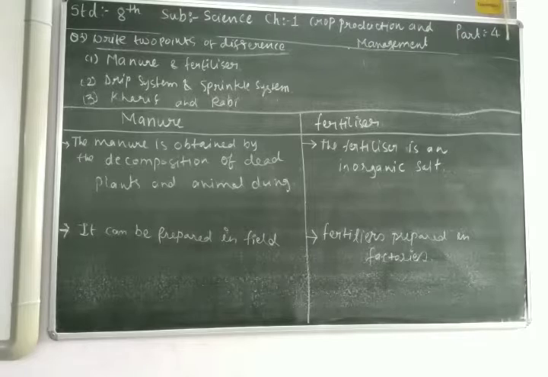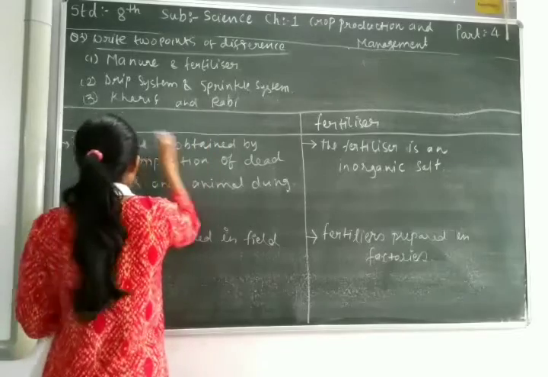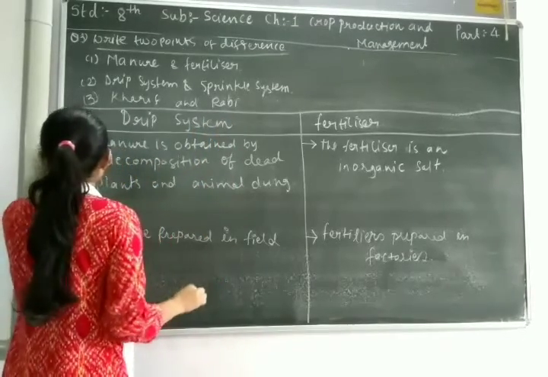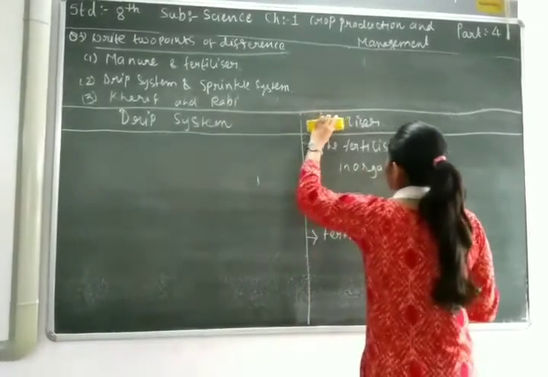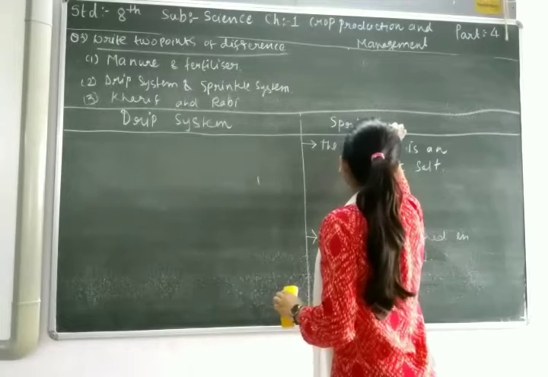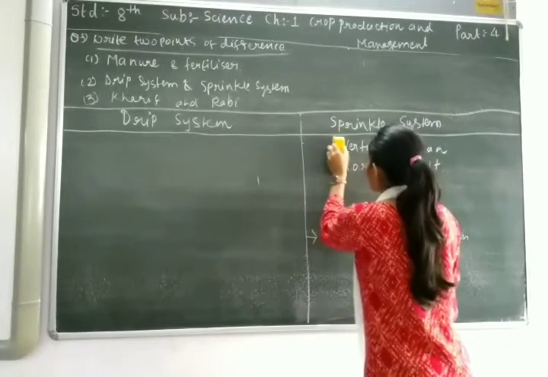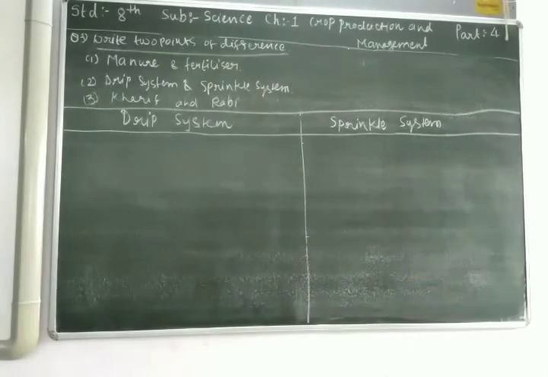Now move towards the next, that is a drip system and a sprinkler system. Now this one is a drip system. Okay.